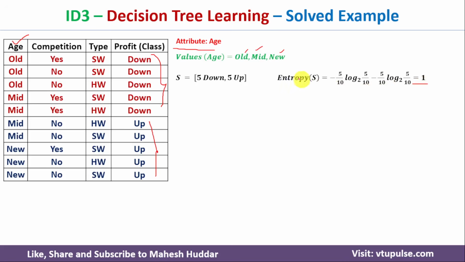First I will consider the attribute value old. Whenever I consider the attribute value old, I get three examples, and all these three examples belong to down.